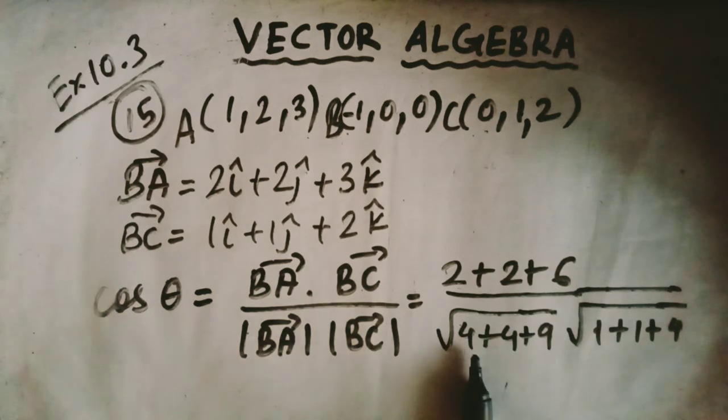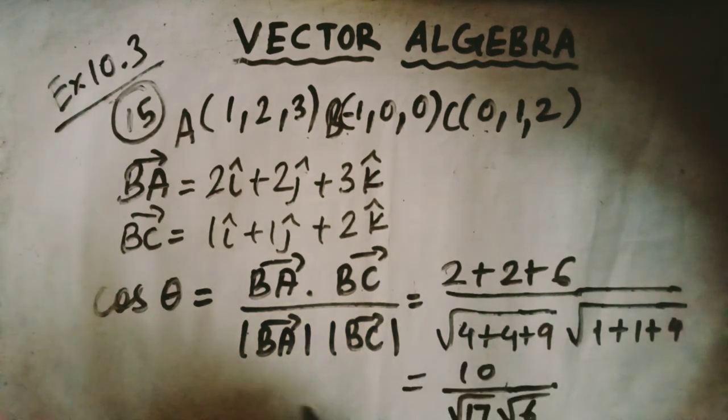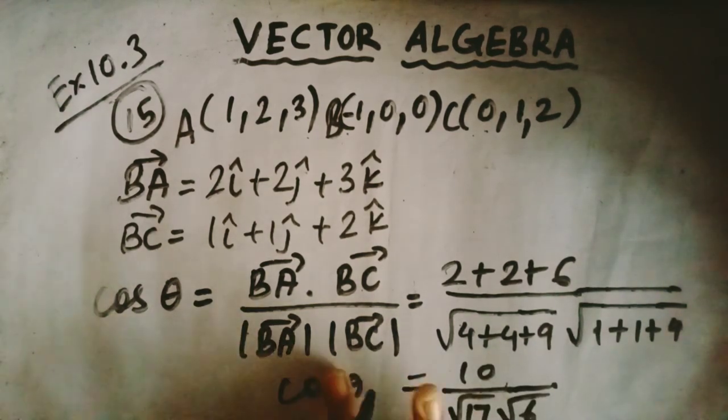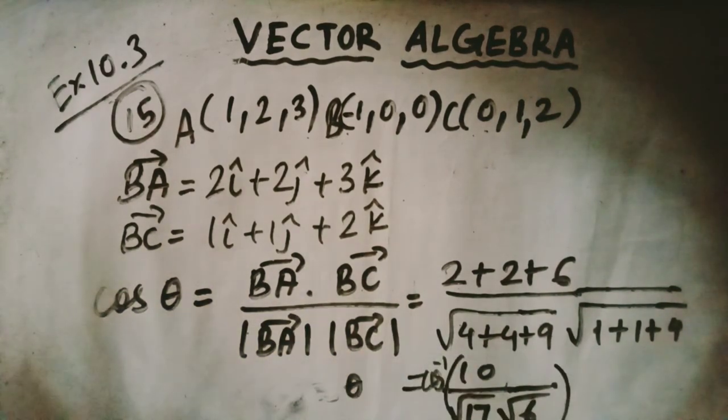So this is 17, and this is 6, 10 upon 17 and 6. So this is your cos theta, so your theta is cos inverse of this. So this is the angle.